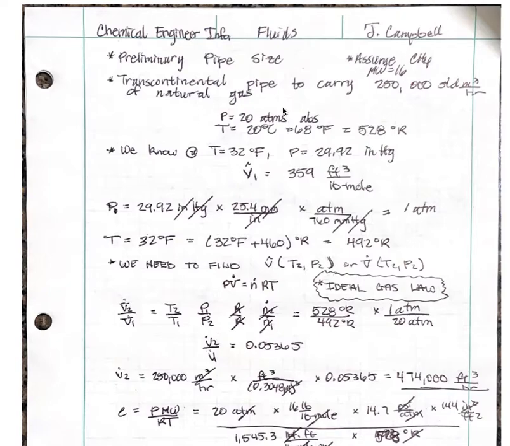I did the calculation down here: 29.92 inches of mercury times 25.4 millimeters in every inch times 1 atm in every 760 millimeters of Hg. Cross out your units, equals 1 atm. So that's what it is, 1 atm, or you can say 14.7 psi.